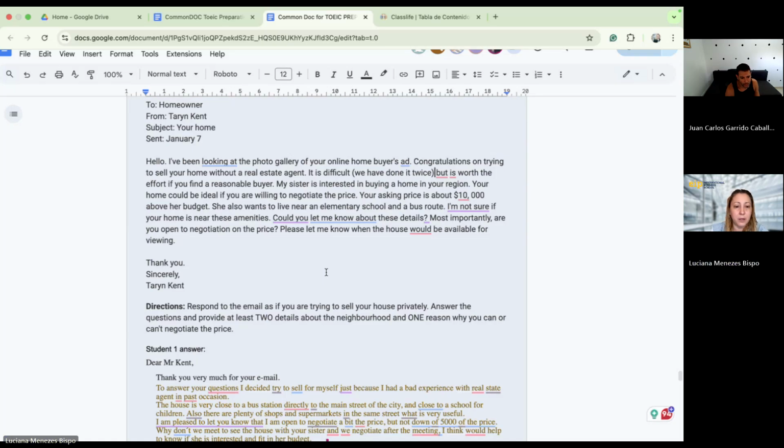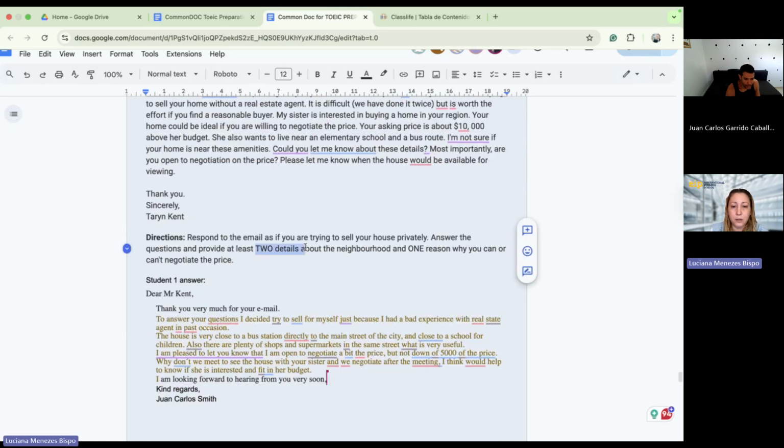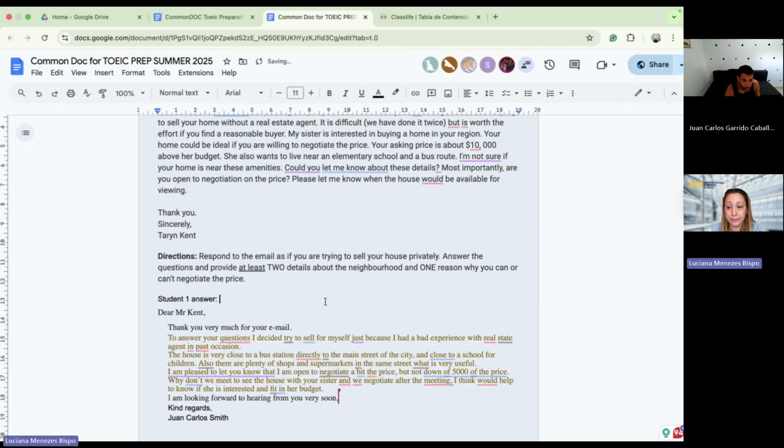And then we need 2 details and one reason why you can or can't negotiate the price. Notice, this is also important to mention. At least doesn't mean you cannot provide 3 or more. So that you go a bit further than the minimum.